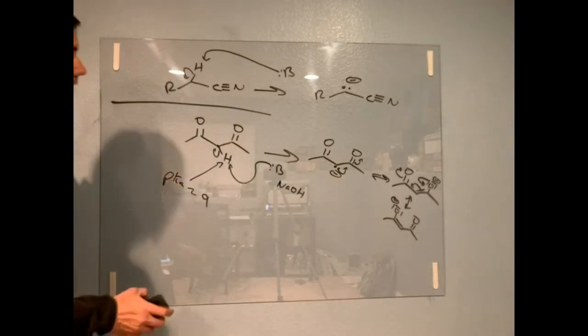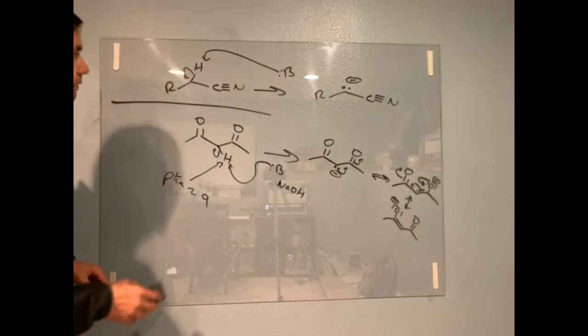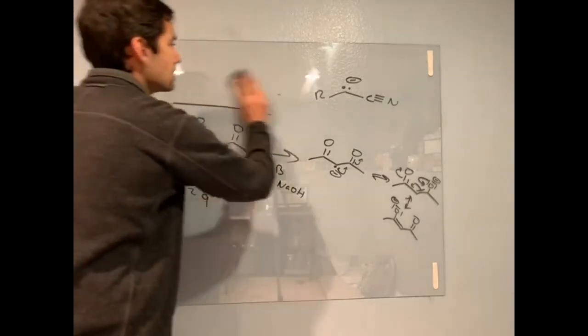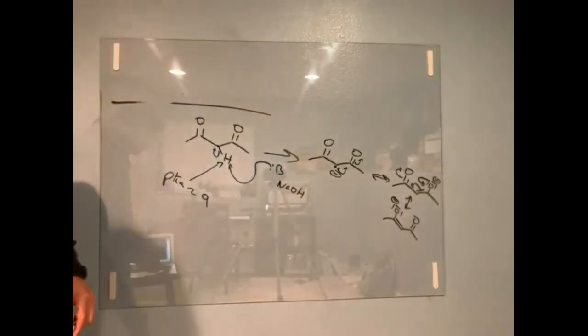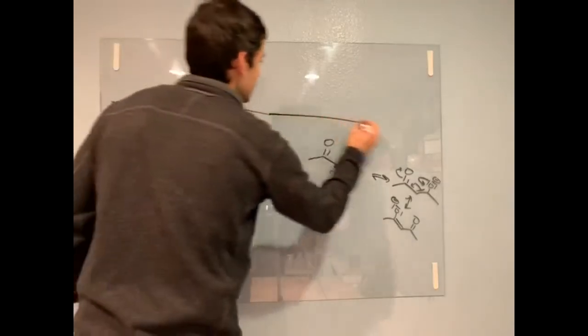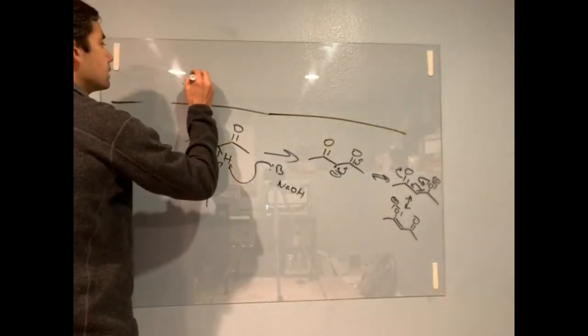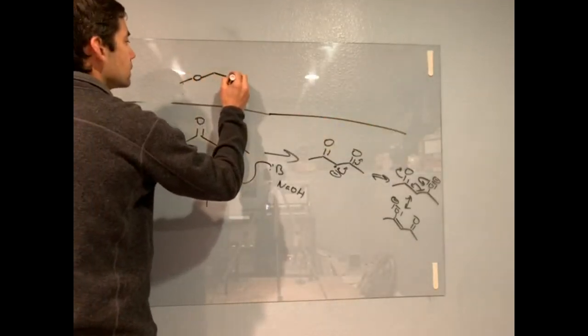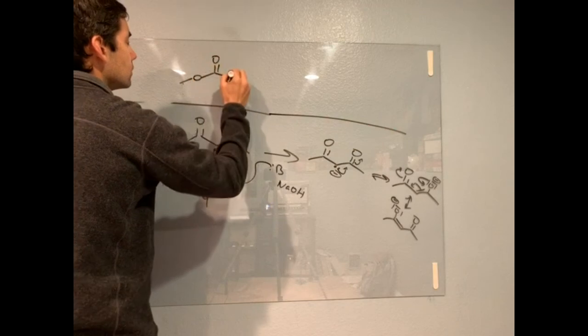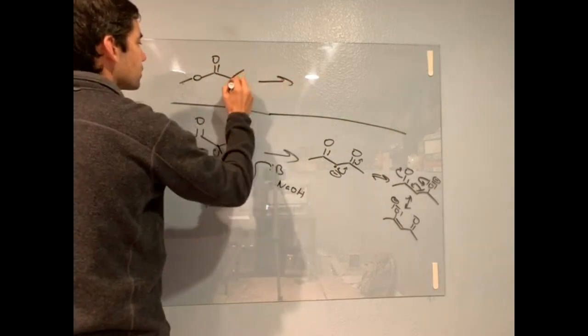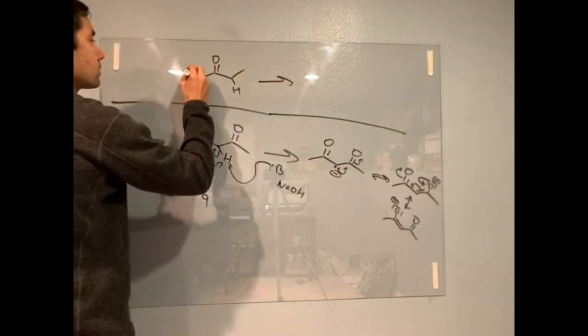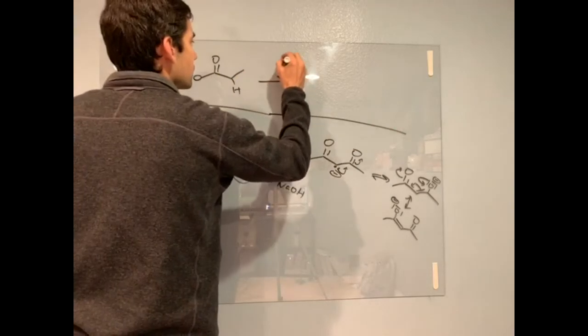Another way we can do an enolate between these two, and we'll draw it up here. One more type of enolate is, how about an ester? We can take an ester. Again, use a base.